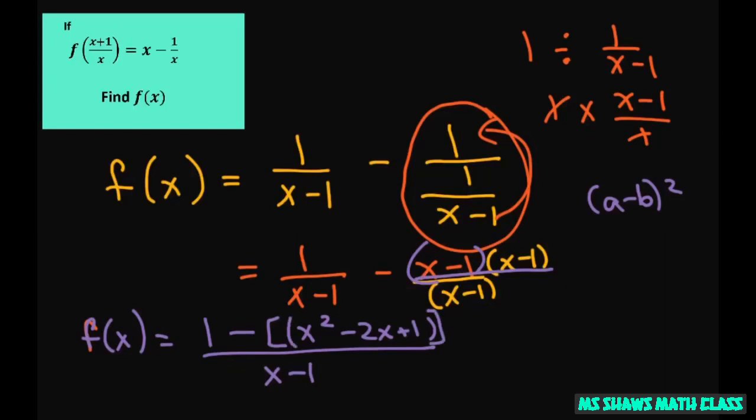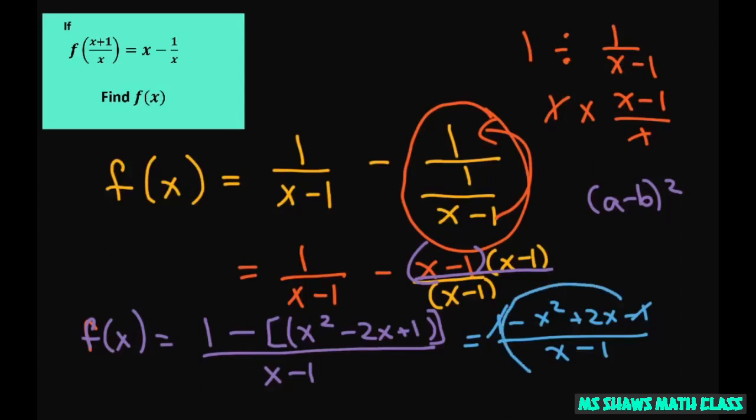So when you straighten this part out, you can get 1 minus, take away the parentheses, x squared plus 2x minus 1 divided by x minus 1. So the 1's cancel, and we're left with this is our answer.